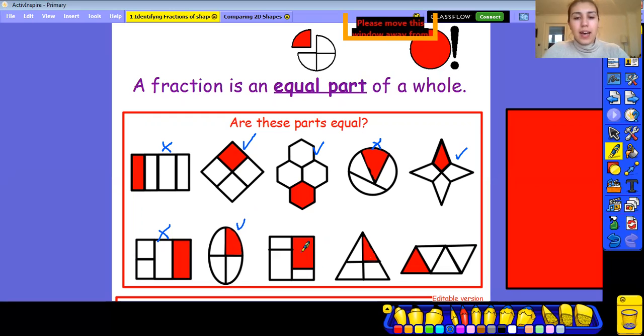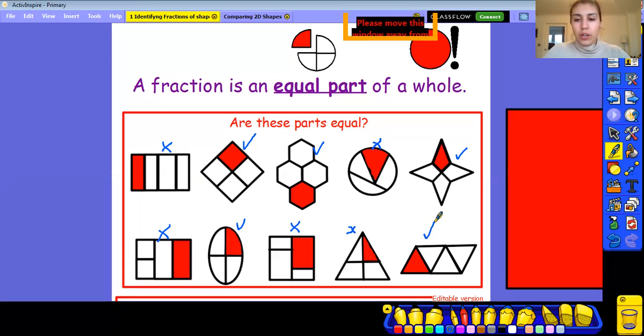Is this equally sized to the other parts in the whole? No, it's much bigger than some of the other parts, isn't it? What about this here? Are the other parts in my whole equal to this portion that's shaded? No, it's not. Well done. This one is much bigger than this one, for example. And what about this one? Is this part that's shaded equal to the other parts in the shape?